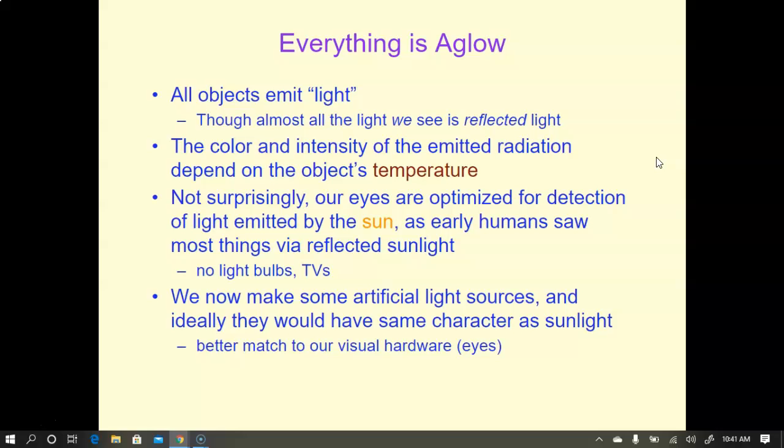So we do make these devices now which have their own artificial light sources, and obviously ideally what we do is we try to make them give off the similar type of light as the sun does, because if you do that, our eyes are able to deal with it much better.